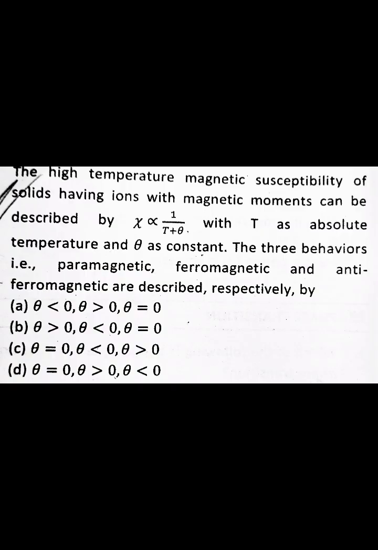The next question is, the high temperature magnetic susceptibility of solids having ions with magnetic moments can be described by chi proportional to 1 by (T plus theta), with T as absolute temperature and theta as constant. The three behaviors, that is the paramagnetic, ferromagnetic and antiferromagnetic, are described respectively by.